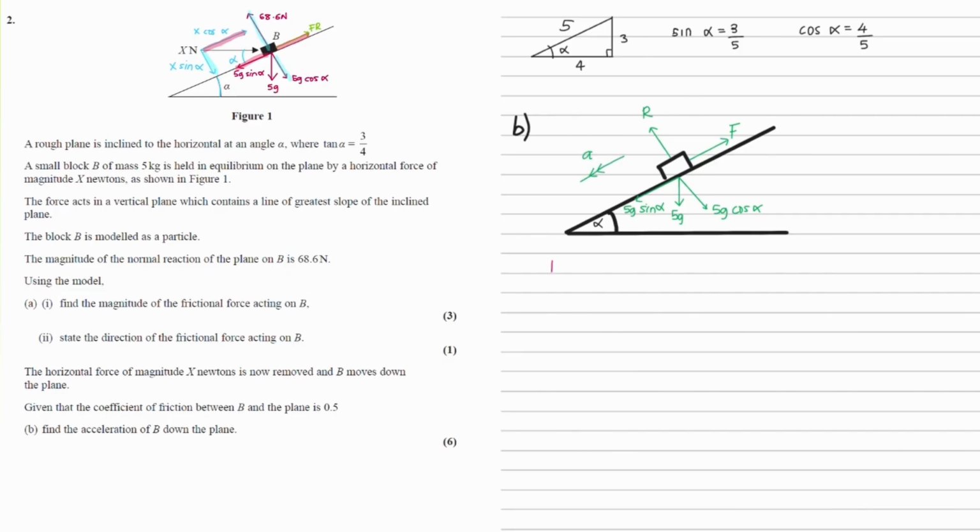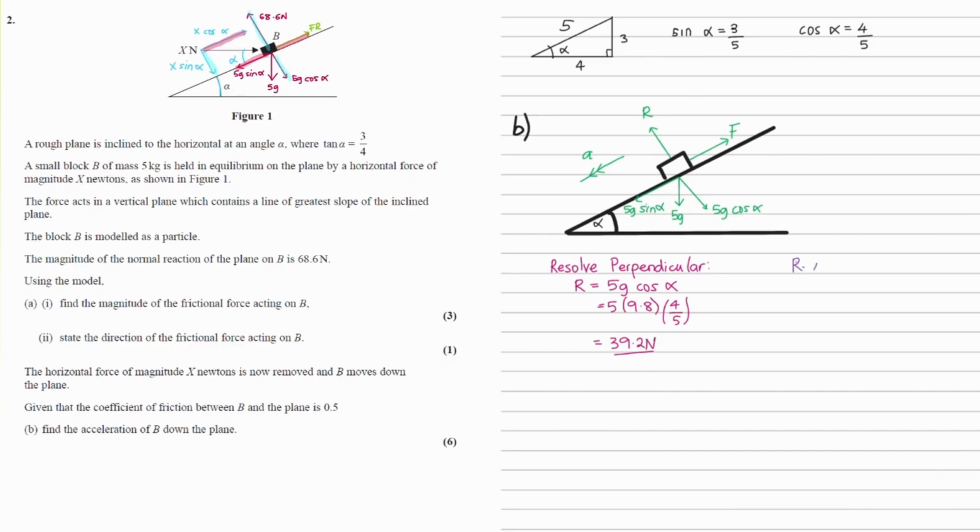So for part B, we would first resolve the forces perpendicular to the plane, and we can say R is equal to the downward force, which is 5g cosine alpha. We can put g as 9.8 and cosine alpha as 4/5. And if we work this out in our calculator, we will get our value of R as 39.2 newtons.